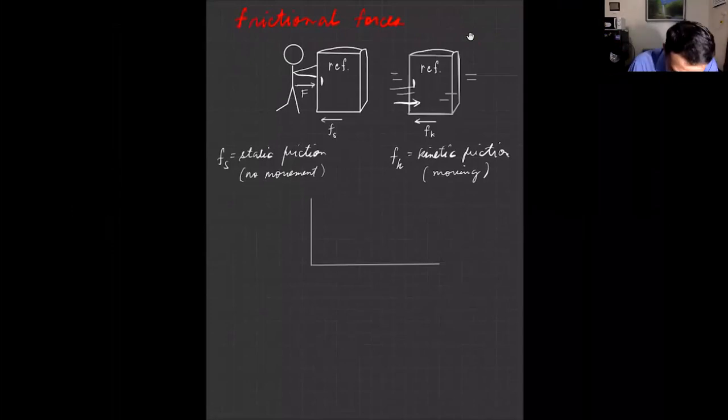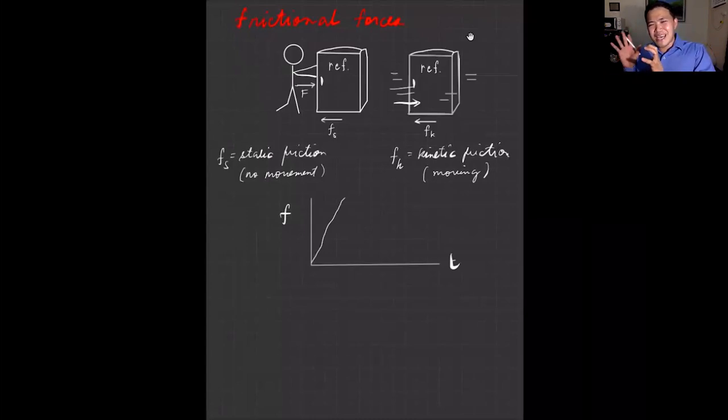Let's say this is the graph of the friction versus time. As you apply the force, the friction tends to increase as well, until such time, if you apply too much force, there's a point wherein the object will start moving. You reach that maximum force.